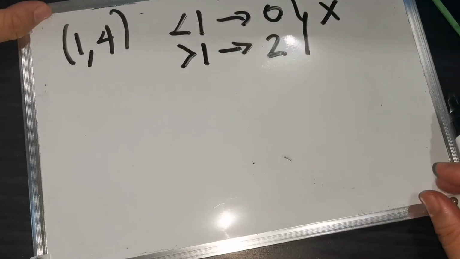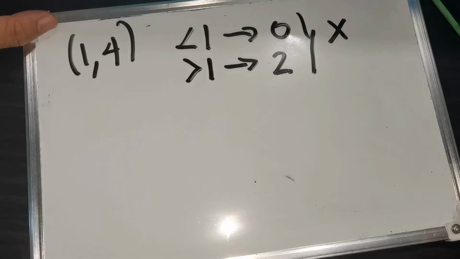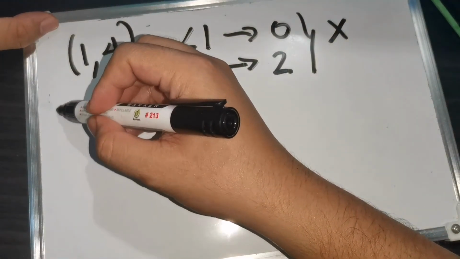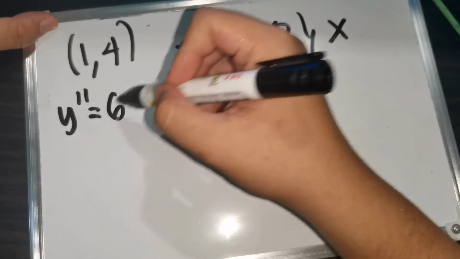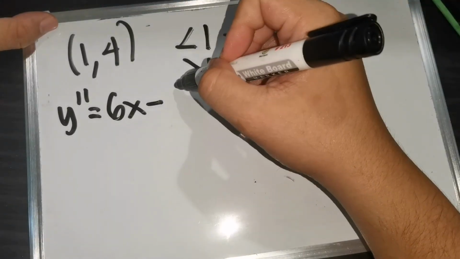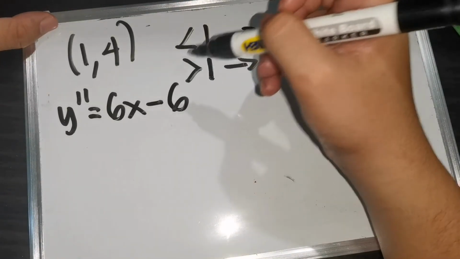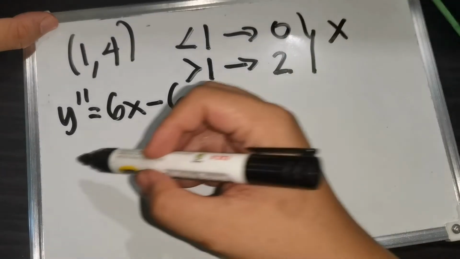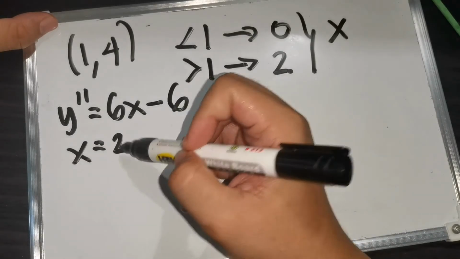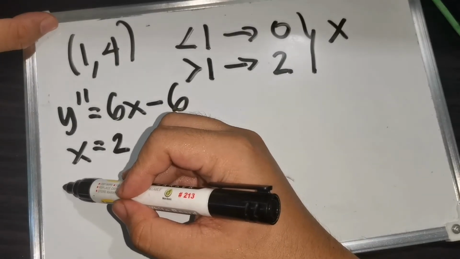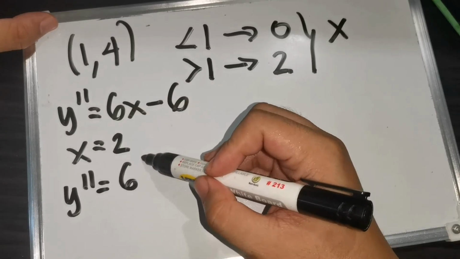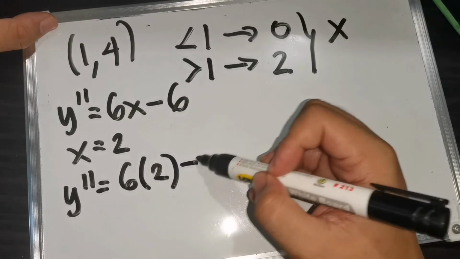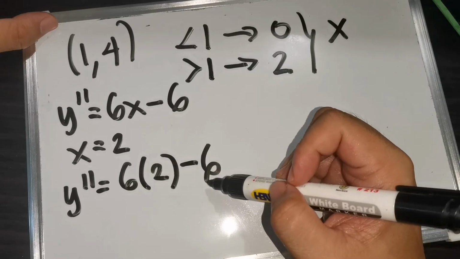Now, using your second derivative, that will be your y double prime is equal to 6x minus 6. So if x is equal to 2, what will be your y double prime? So your y double prime is equal to 6 multiplied by 2 minus 6.